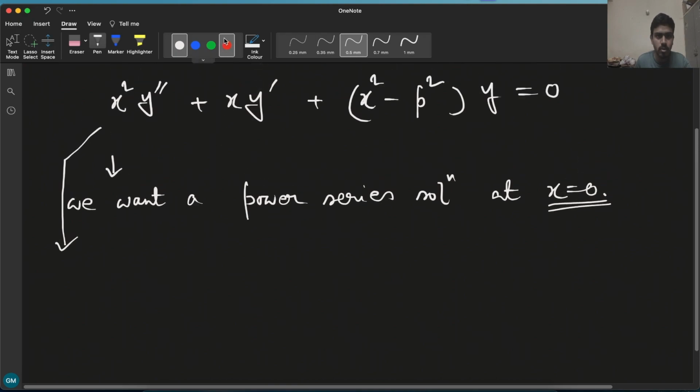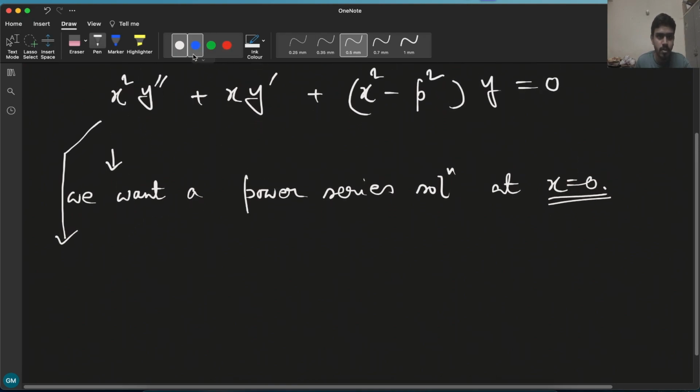In that case, I can call this P(x). So this P(x) is different from this p. This p will be some constant value, and P(x) is a function of x, right? So P(x) is x square. It is just to check whether x equals to 0 is an ordinary point or a regular singular point or an essential singular point.